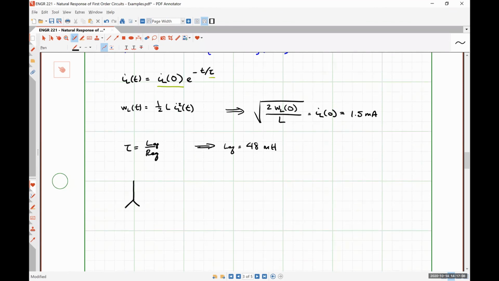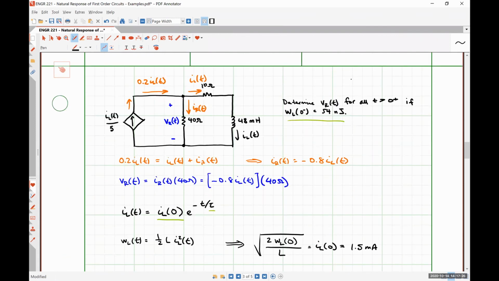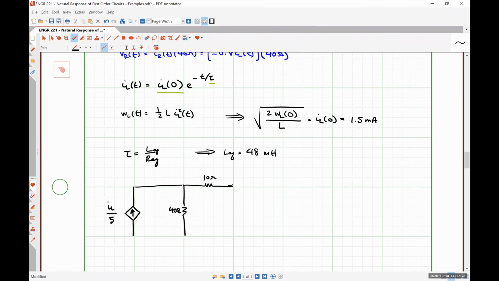because we have that dependent source. So here we have I_L over 5, 40 ohms, I believe that's a 10 ohm. This is our current I_L.